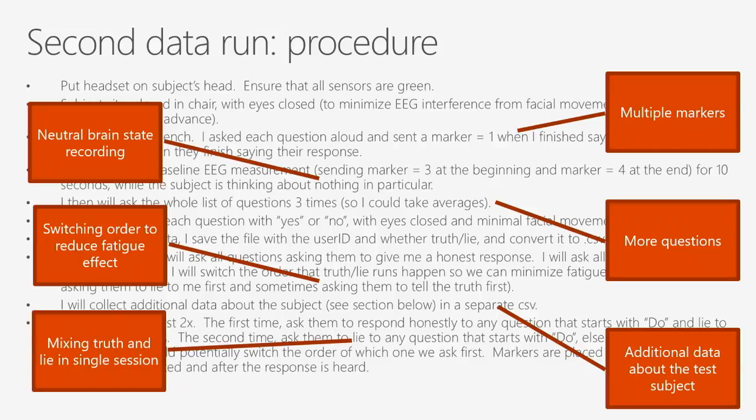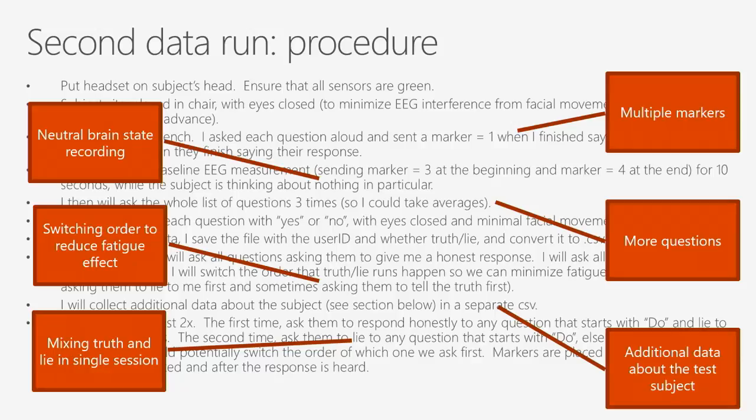And then I also did something where I was mixing truth and lies in a single session. The reason for that is that you want to tease out those confounding variables, right? In all of these recordings I was doing, I was asking truth and lie right after another, so they should be in a similar mental state.